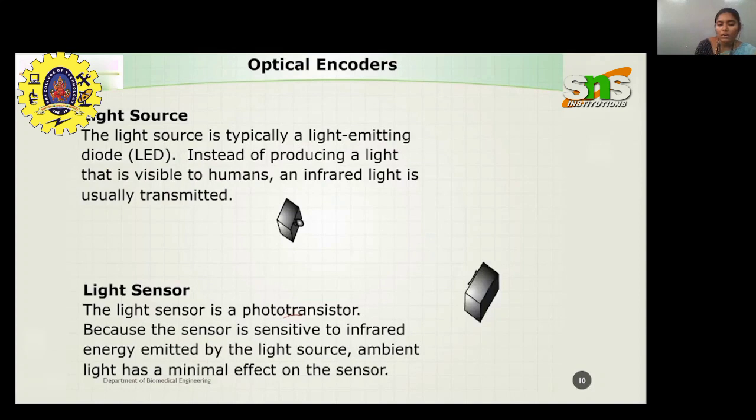It has three terminals, base, collector, and emitter, which you already know. If there is any light incident on it, the phototransistor gets activated and generates current.